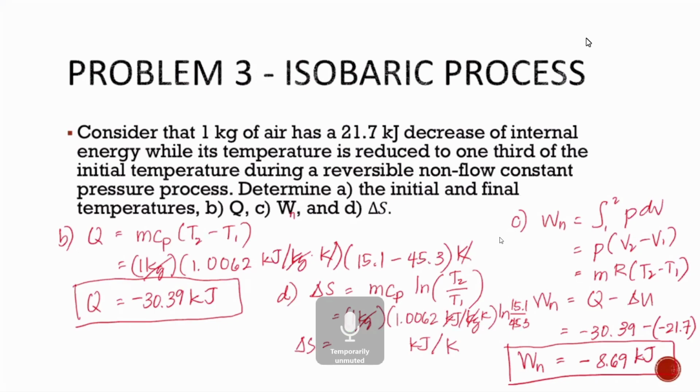Negative 1.11. Negative 1.11 kilojoules per kilogram. Are you sure? Delta S is negative. In our entropy, in our TS diagram, S2 is really larger. S2 minus S1. Are you sure this is positive?